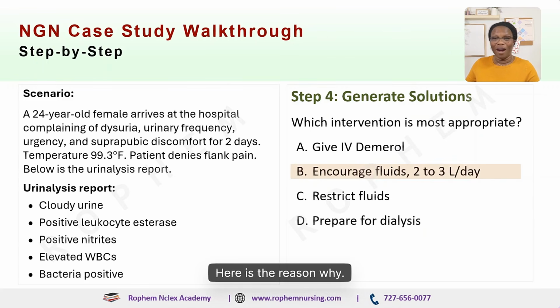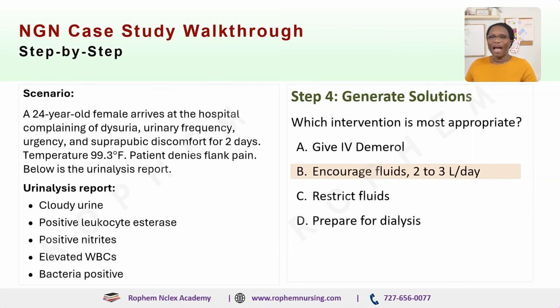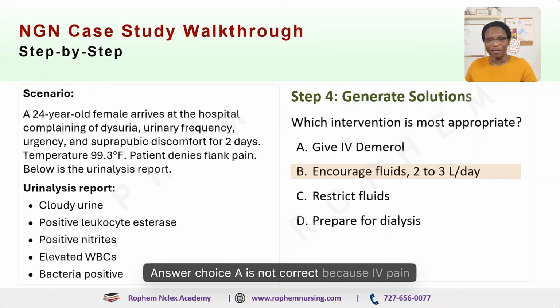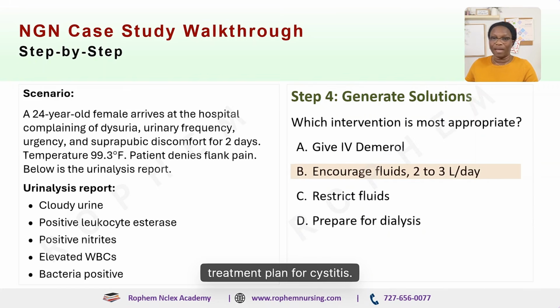Here is the reason why. Increasing fluid intake will help to flush bacteria from the bladder. It will also help to prevent recurrence of cystitis. Answer choice A is not correct because IV pain medication like Demerol is not part of the treatment plan for cystitis. Urinary analgesics are ordered to relieve discomfort.